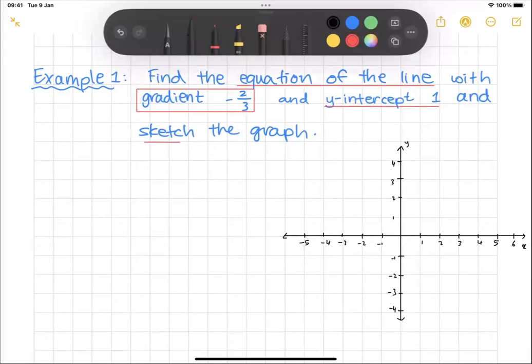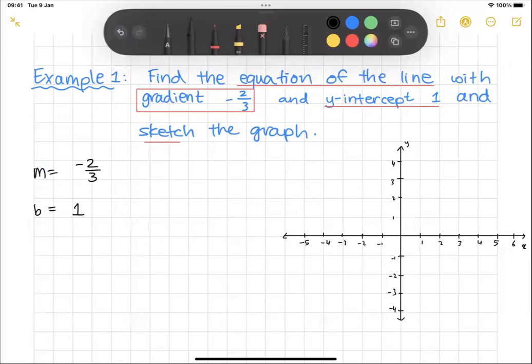Okay, so let's deal with one thing at a time. Before I even figure out my equation, I need to break down what I already have in the question, which is my gradient should equal -2/3, and my y-intercept should be 1, +1.